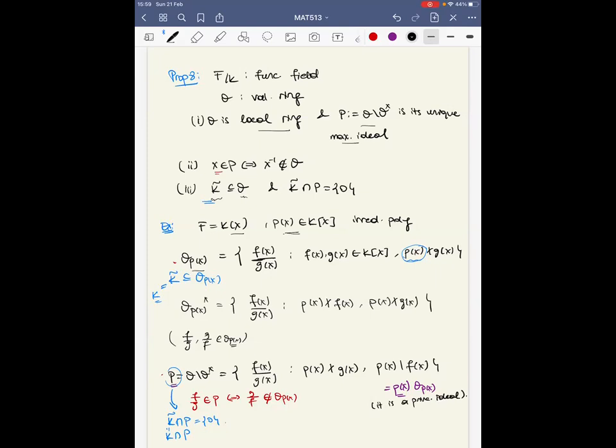And moreover, we will also see that the evaluation ring is a principal ideal domain, and explicitly we will see that every ideal in O_p(x) can be generated by the powers of the generator p of x.